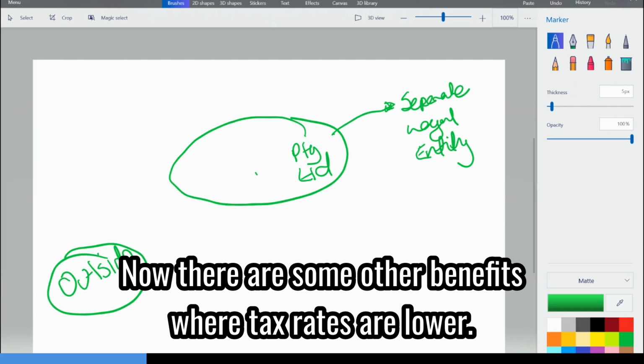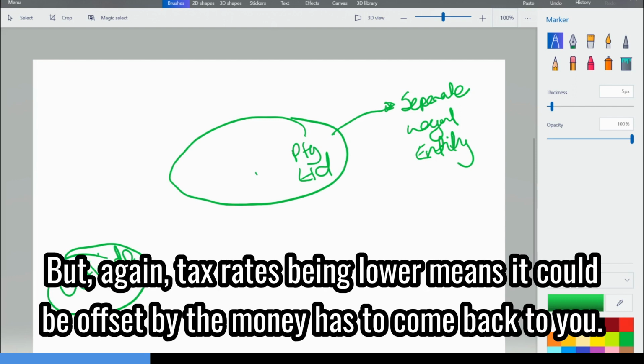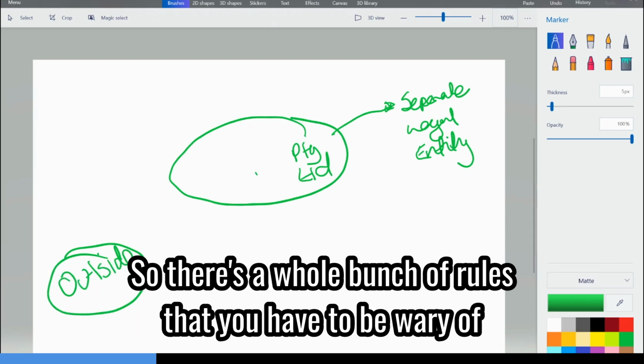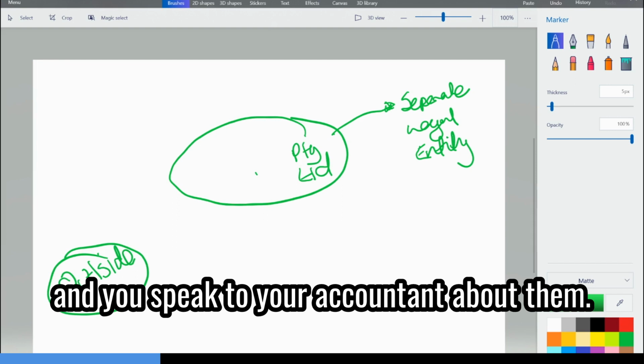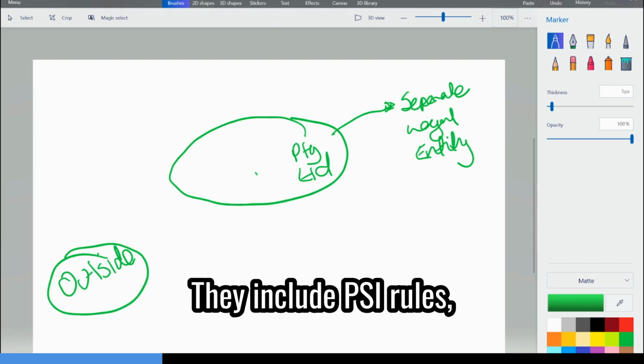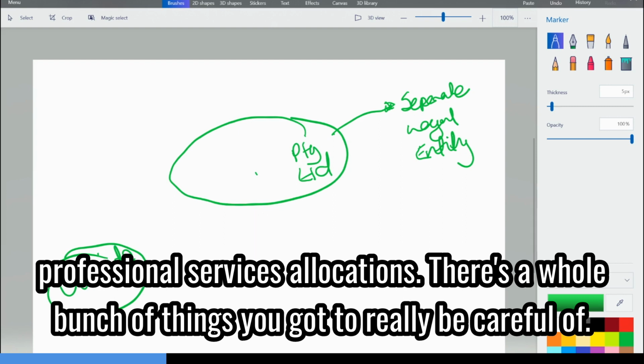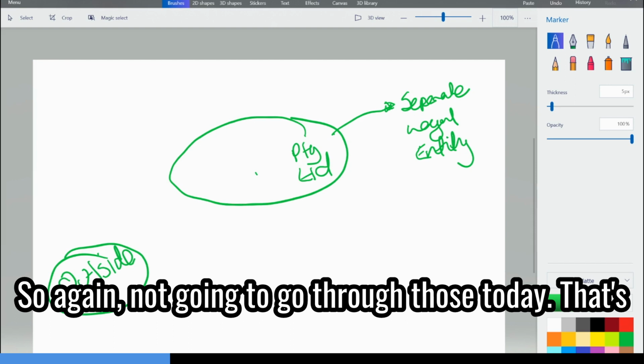Now, there are some other benefits where tax rates are lower, but again, lower tax rates could be offset by the money having to come back to you. There's a whole bunch of rules you have to be wary of, and you speak to your accountant about them. They include PSI rules, professional services income. There's a whole bunch of things you've got to be really careful of, so I'm not going to go through those today.